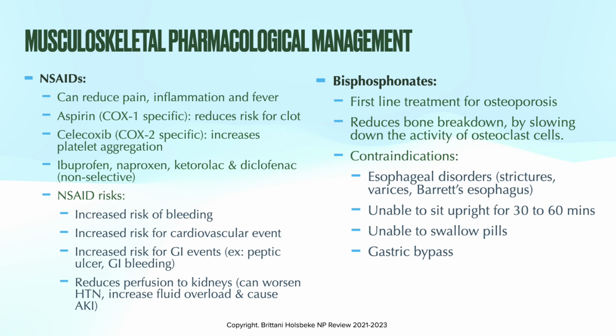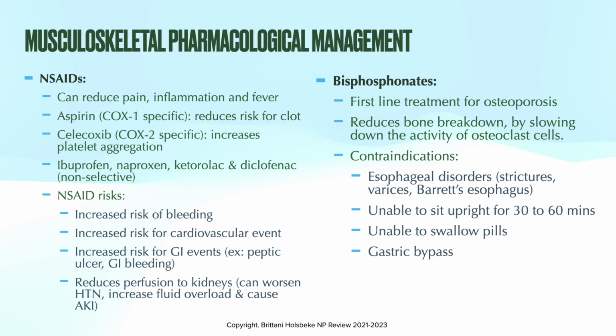An example of a COX-1 specific NSAID would be aspirin. This is why this drug has been used so much in our CVA patients and also our cardiac patients, because it does reduce the risk for clotting. And an example of a COX-2 specific NSAID is celecoxib. This increases platelet aggregation.